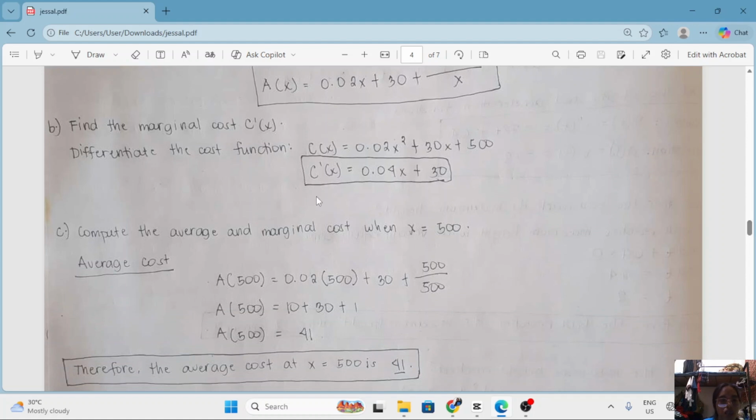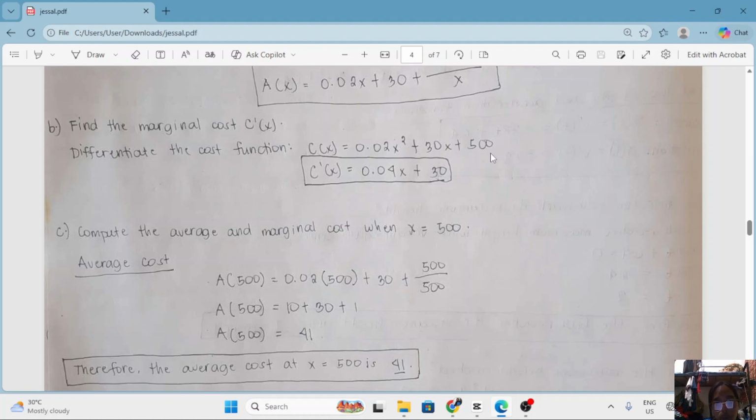So the next problem is, find the marginal cost C prime of x. We should differentiate the cost function. Our original function is C of x is equal to 0.02x squared plus 30x plus 500. Again, this function came from our original problem, and we're just going to differentiate it to get the marginal cost.